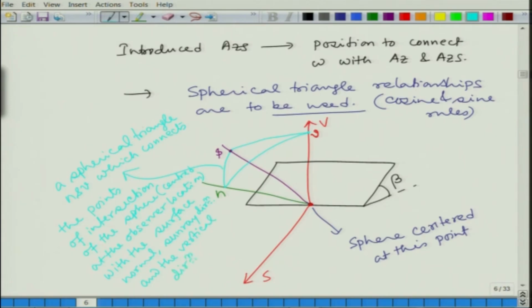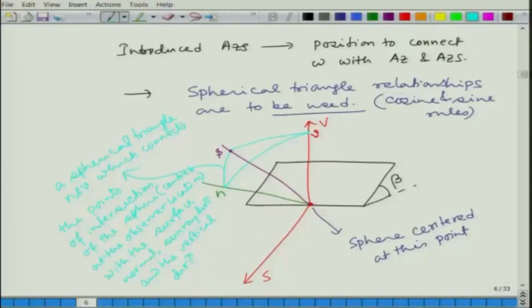I am writing it explicitly so that you can visualize and think about the different angles that will be relevant to this spherical triangle. Okay.